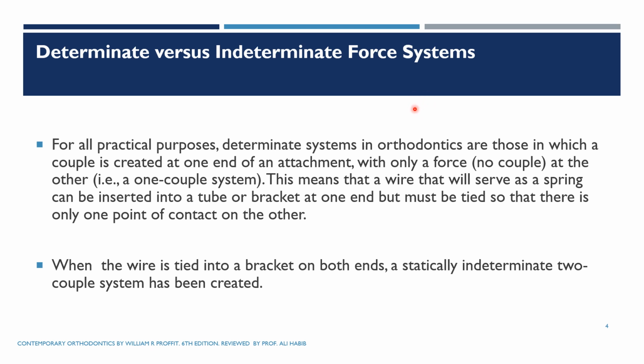So you'll have only one point contact anteriorly, and this will create what we call a one-couple system, which is determinate. If you insert the same wire into the brackets of the anterior teeth, you'll have a couple posteriorly and a couple anteriorly. This will create a two-couple system, which is an indeterminate system.